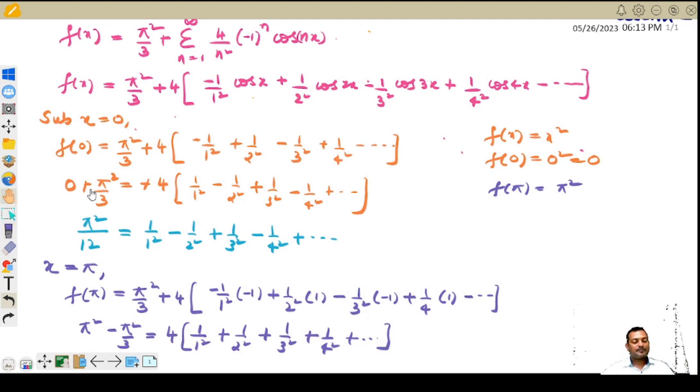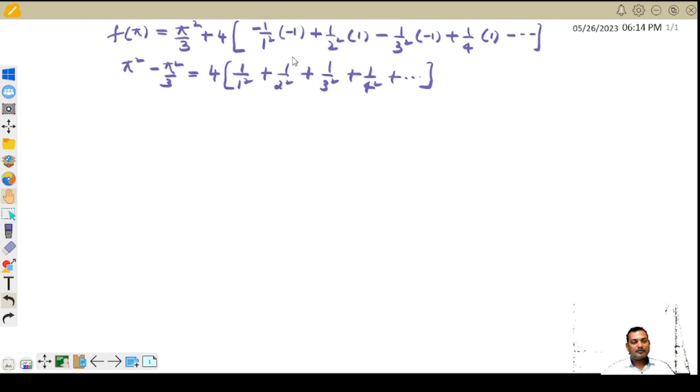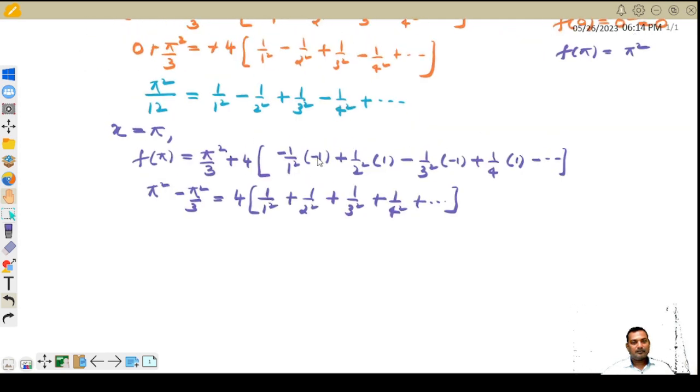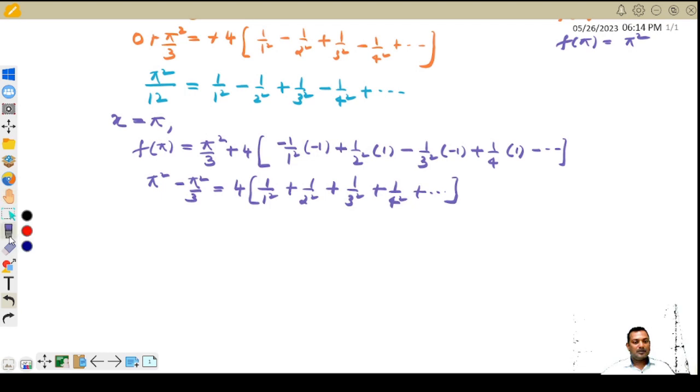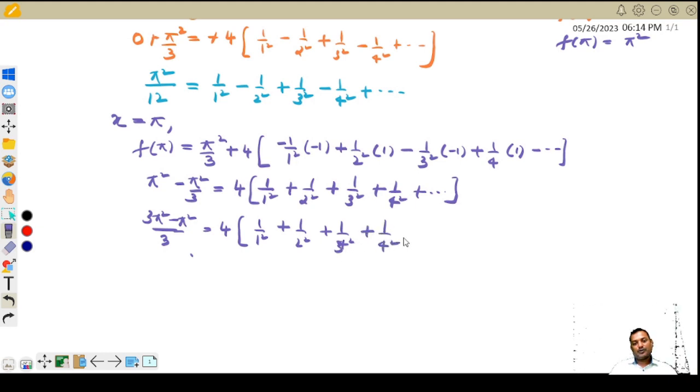Further, look carefully. So LCM is here 3, students. 3 pi square minus pi square is equal to 4 times of 1 by 1 square plus 1 by 2 square plus 1 by 3 square plus 1 by 4 square plus so on.